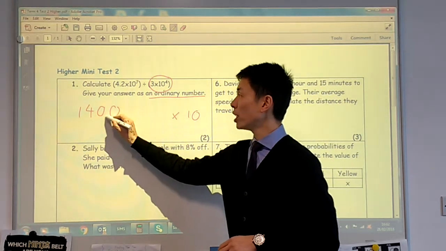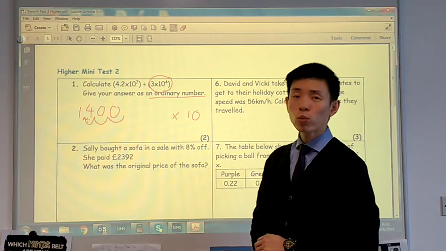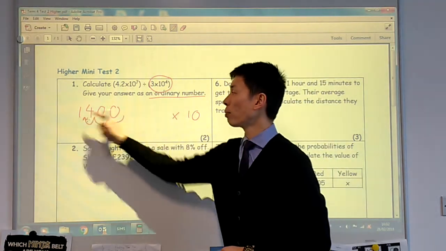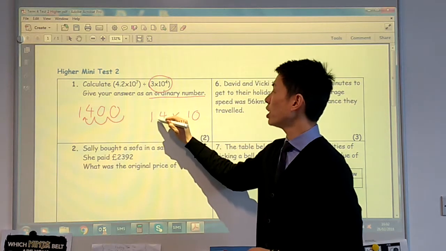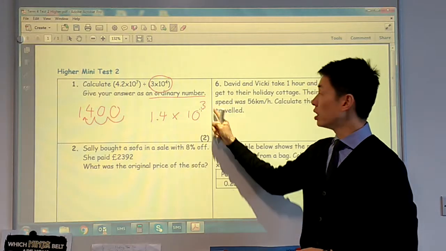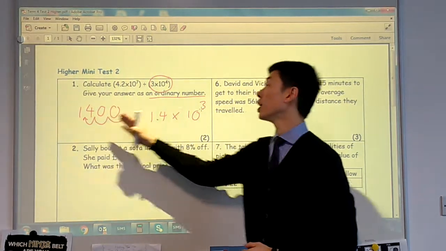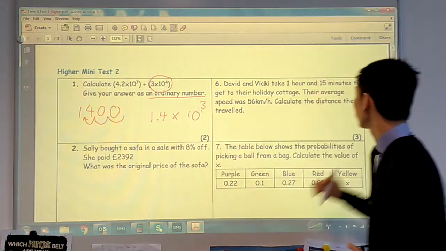The way you look at this is the nearest number between 1 and 10 you can make is 1.4. And how many places you go back is how many you need for the power. Okay, so that's ordinary number and that's standard form.